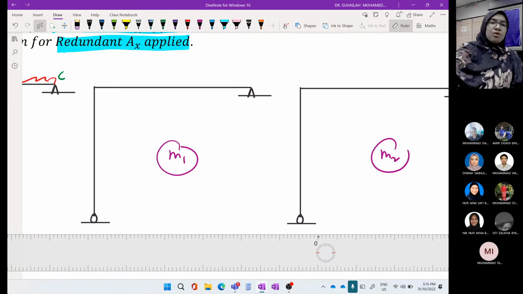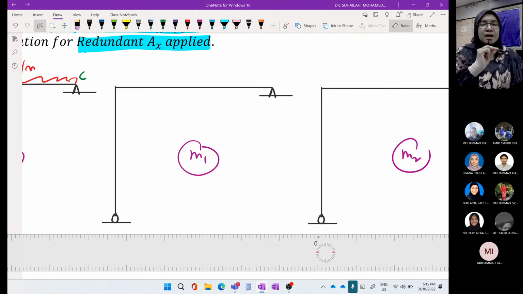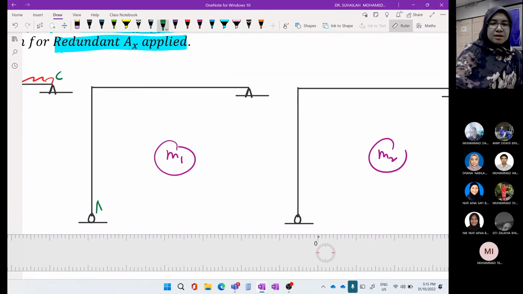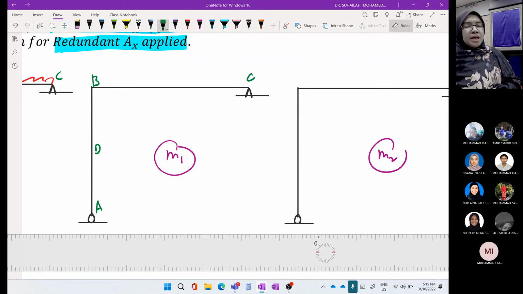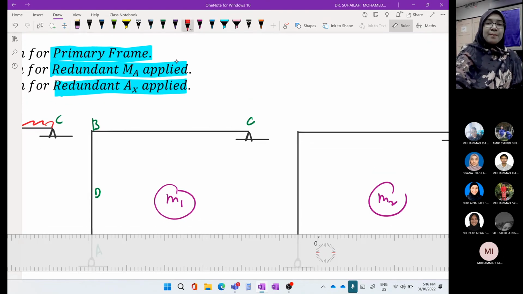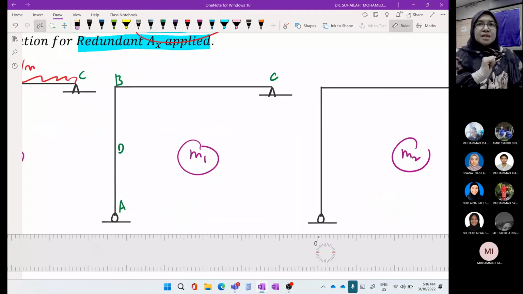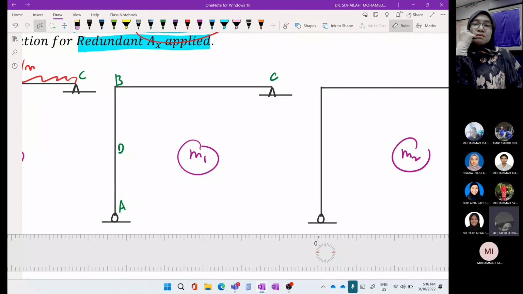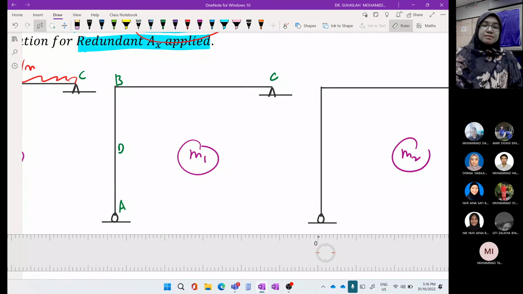Remain the support and remain the labels A, B, C, D. This is a determinate frame subjected to redundant MA applied, so we have to apply a unit, it is just like a virtual system. Apply what? One.